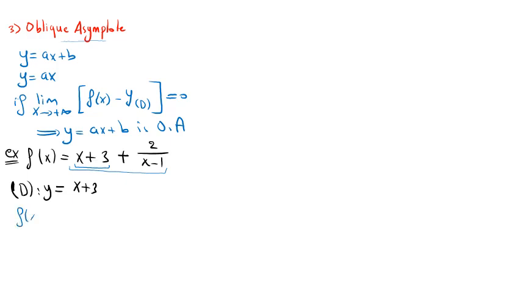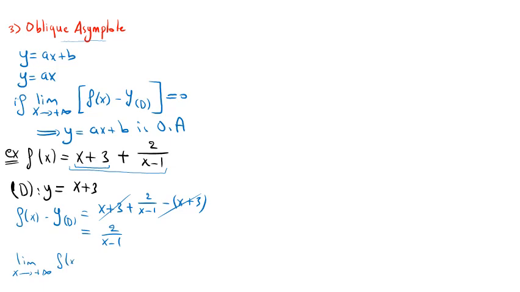First, we calculate f of x minus y, which is x plus 3 plus 2 over x minus 1 minus x plus 3. You can see that x plus 3 and minus x plus 3 will be cancelled. The answer will be 2 over x minus 1. Now, the limit as x tends to plus infinity of f of x minus y equals 2 over infinity, a number over infinity, which is 0. This implies y equal x plus 3 is an oblique asymptote.